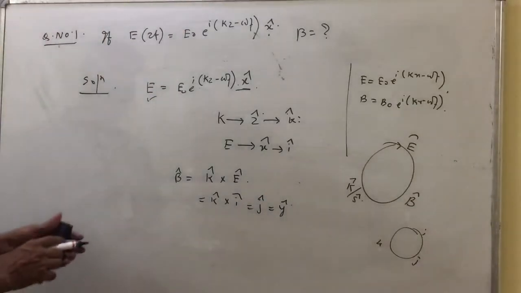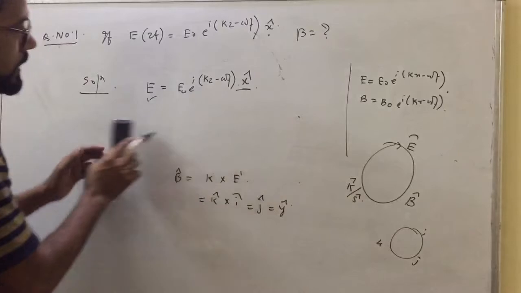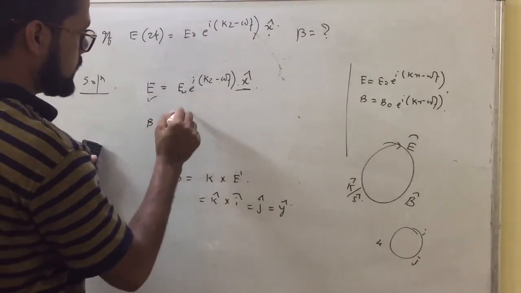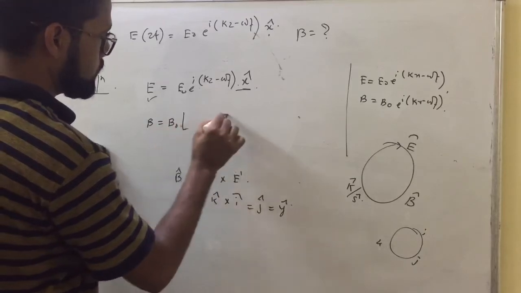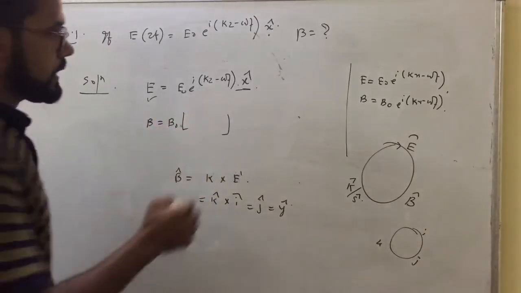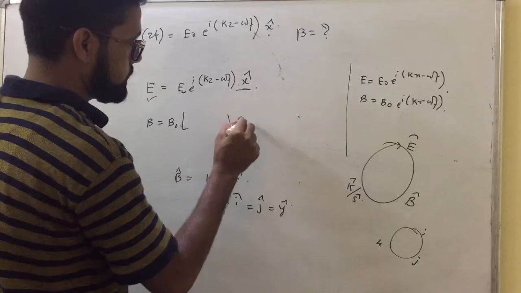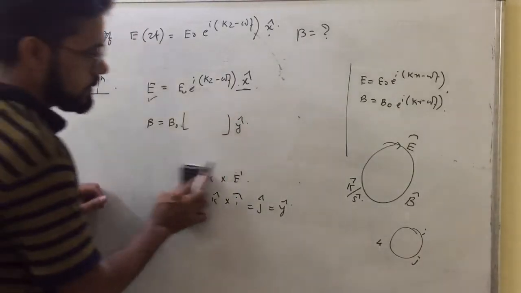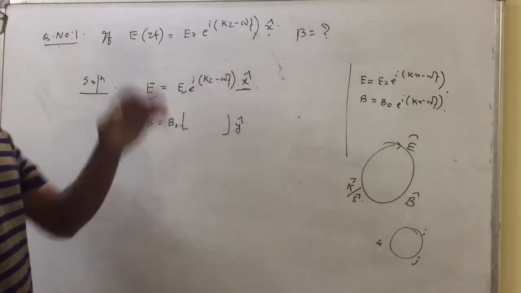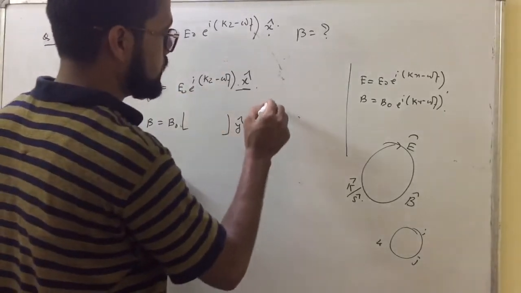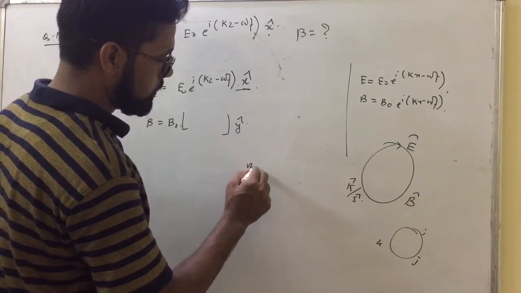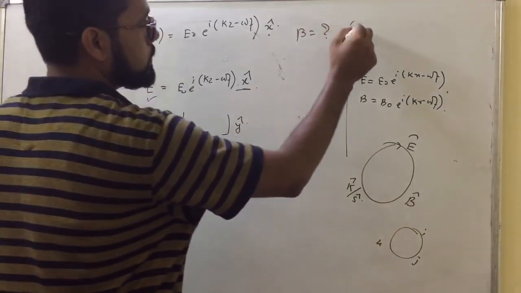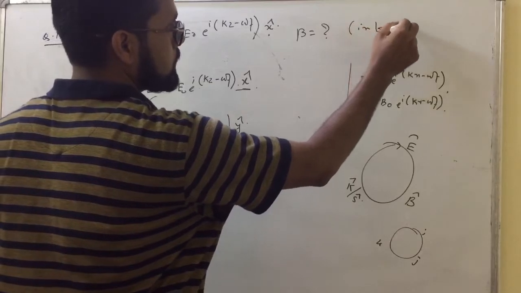Okay. So what you can understand, B equal to B naught. This part will remain fixed, this part will not change, the exponential term, and this will be y cap. Okay. Now B naught is not here, so how can you calculate? Because I have already derived this relation: B equal to E by c, in free space.